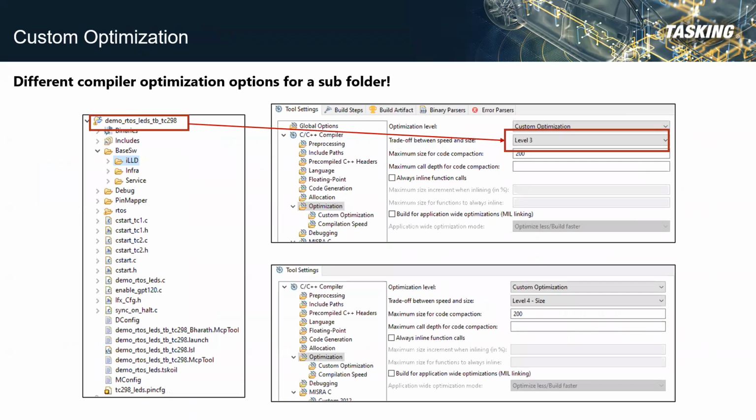For my main project, I have selected a trade-off factor level 3. And for my device driver, I have selected trade-off factor level 4, which is the size one. By making use of this option, you can select a different trade-off as well as optimization level for various subfolders in your application project.